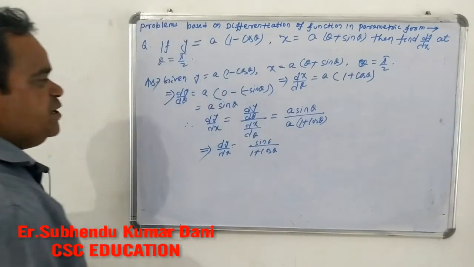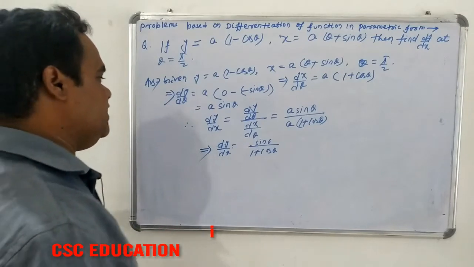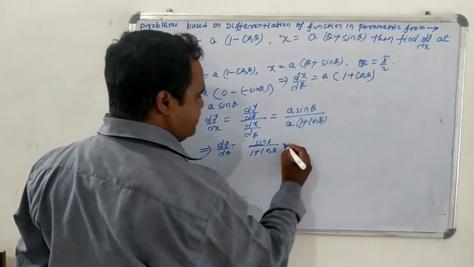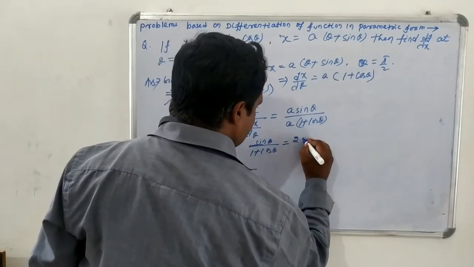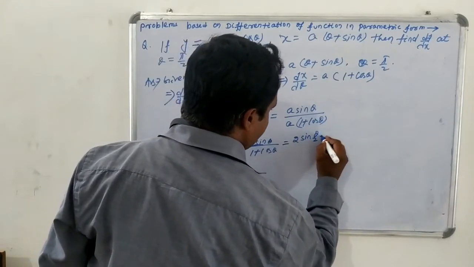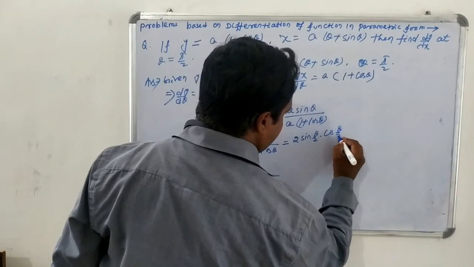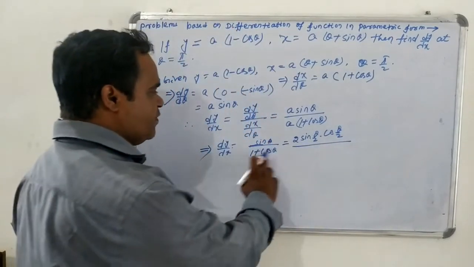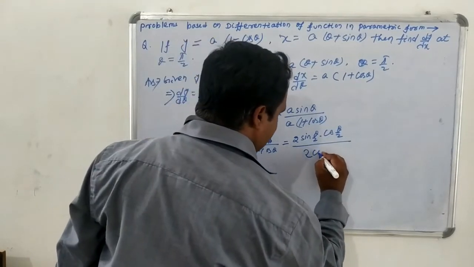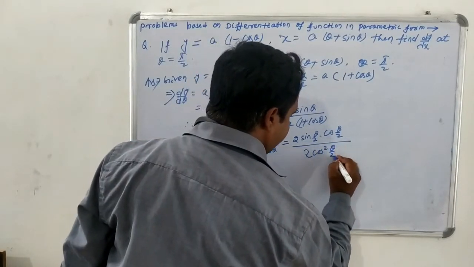It is of multiple angle form, so I have derived this form. So sin theta is 2 sin theta by 2 multiplied by cos theta by 2. It is the sub multiple angle of sin theta. And 1 plus cos theta is 2 cos square theta by 2.